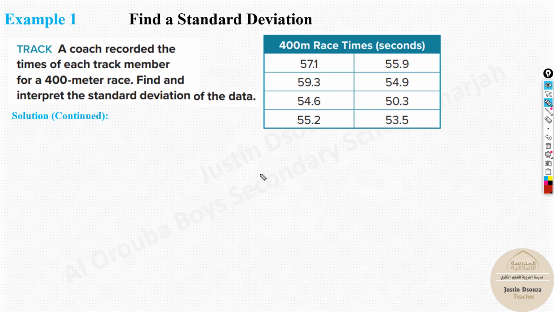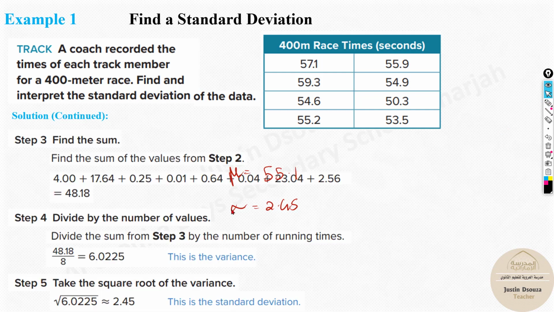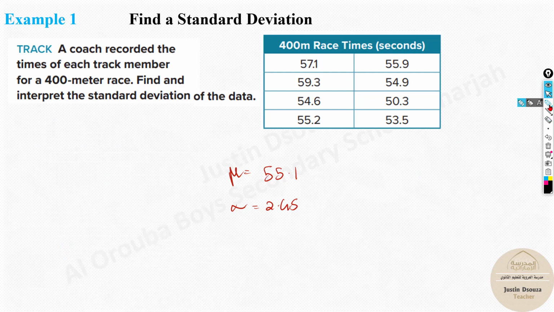The mean was 55.1 and the standard deviation, sigma, was 2.45. Now if I add and subtract 2.45 from 55.1, adding one standard deviation gives 57.55, and subtracting one standard deviation gives 52.75, right?